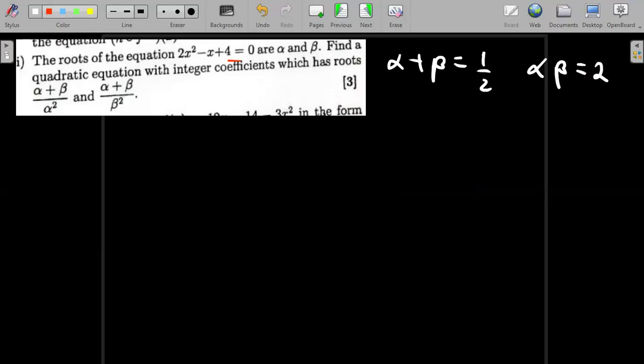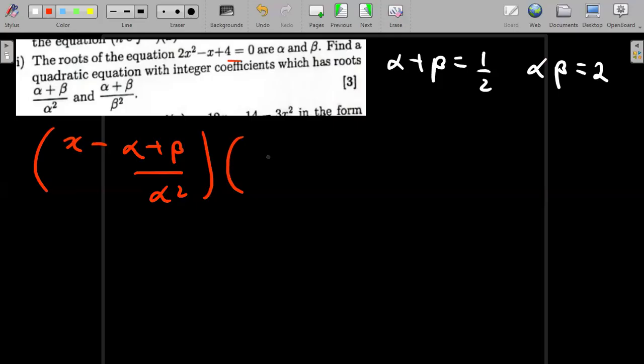Okay, now they're telling us that these here are the roots of a quadratic equation. What that means is when you factor out, these are what make that quadratic equation equal to 0. So as linear factors, they can be written as x minus (alpha plus beta) over alpha squared, and then x minus (alpha plus beta) over beta squared, and this is going to be equal to 0.